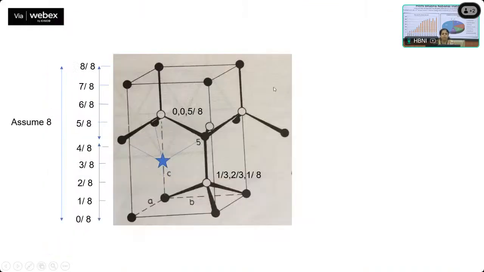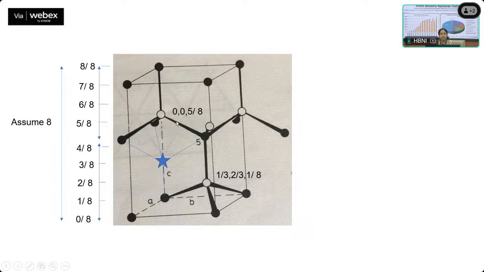Again, making it more clear, this is the z coordinate of your tetrahedral void, 3 by 8, and this is the tetrahedra that I am talking about. 3 atoms in the layer B, and 1 atom in the basal plane. So 0, 0, 3 by 8. Now we will talk of the tetrahedral void that lies exactly above it.